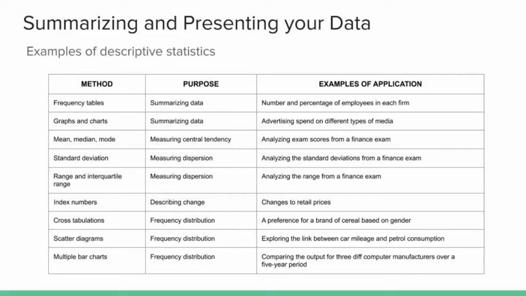We also get the range and interquartile range to measure dispersion, and index numbers when describing a change. We also use cross tabulation, scatter diagrams, and multiple bar charts.